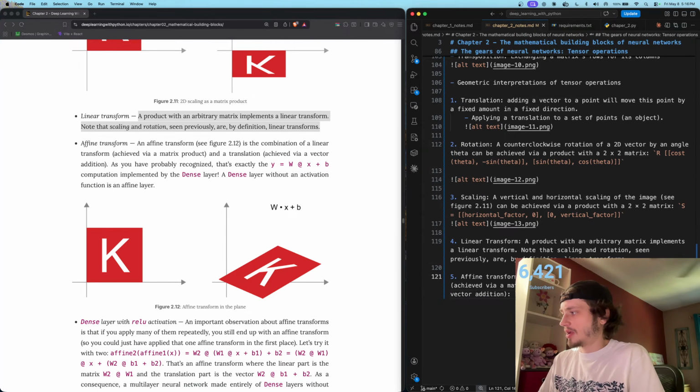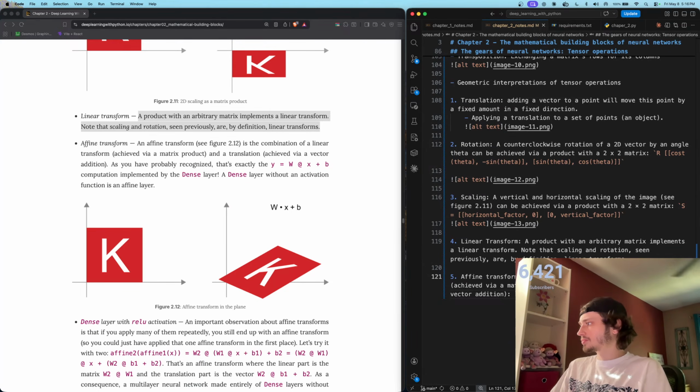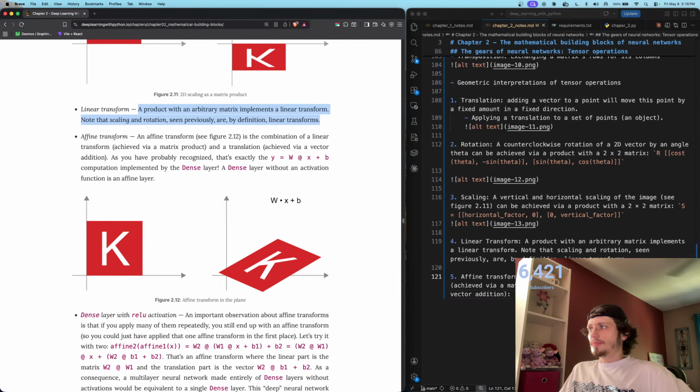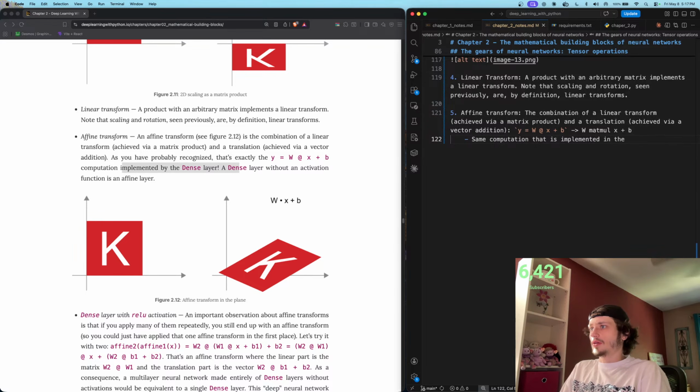So this is W matmul X plus B. This is the same computation that is implemented in the Keras layers Dense layer.